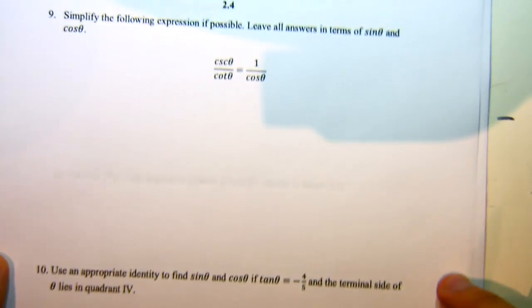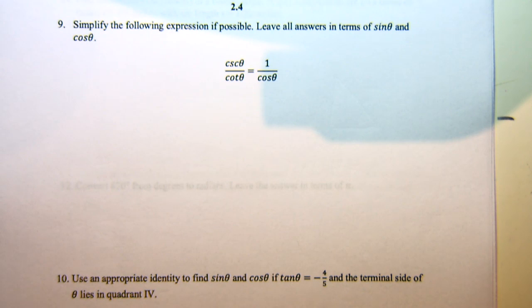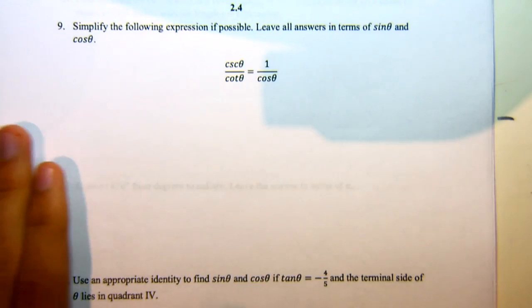All right, now we have number 9. Simplify the following expression if possible and leave all answers in terms of sine theta and cosine theta. So here we just want to work with some identities that we know.